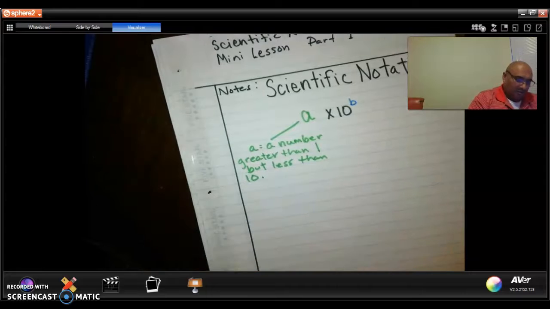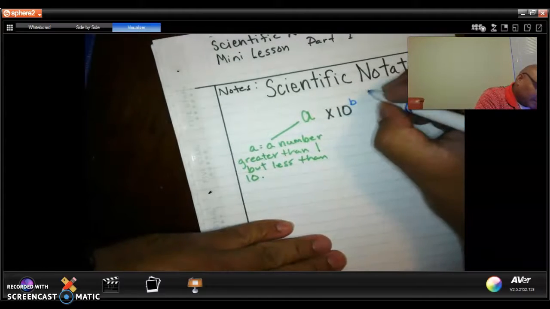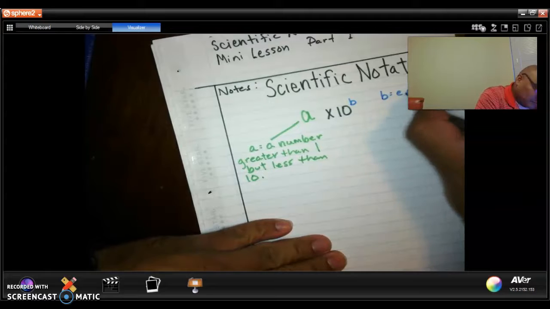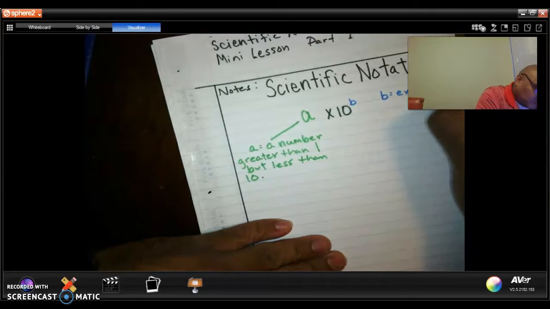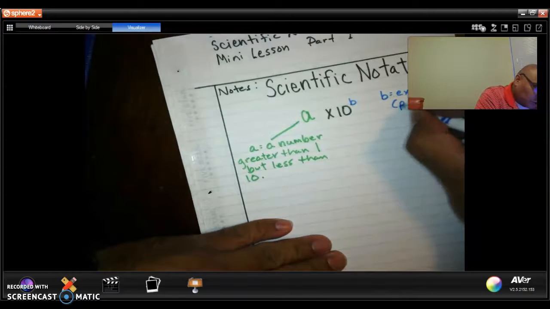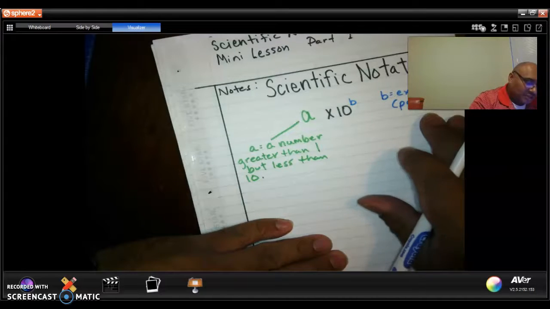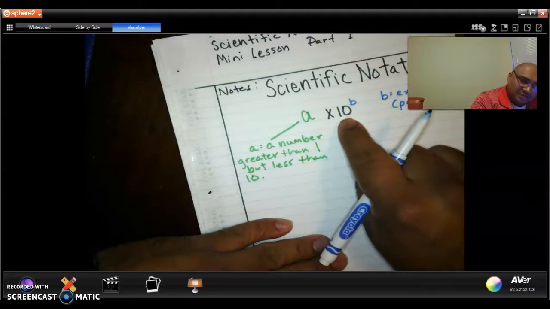B is also known as an exponent, also called power, but it represents how many times 10 is being multiplied by.